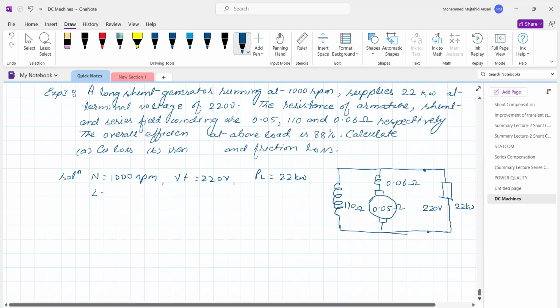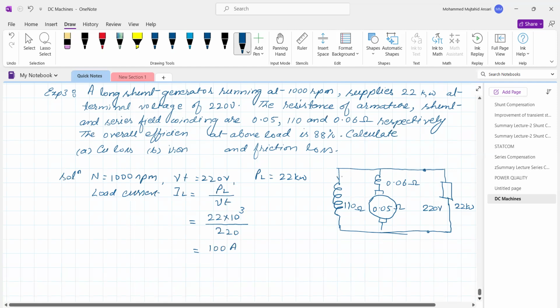So load current IL is equal to load divided by terminal voltage. P is equal to V into I is the power. So it is 22 into 10 raised to 3, converted into watt, divided by 220 volt. So the load current is equal to 100 ampere.